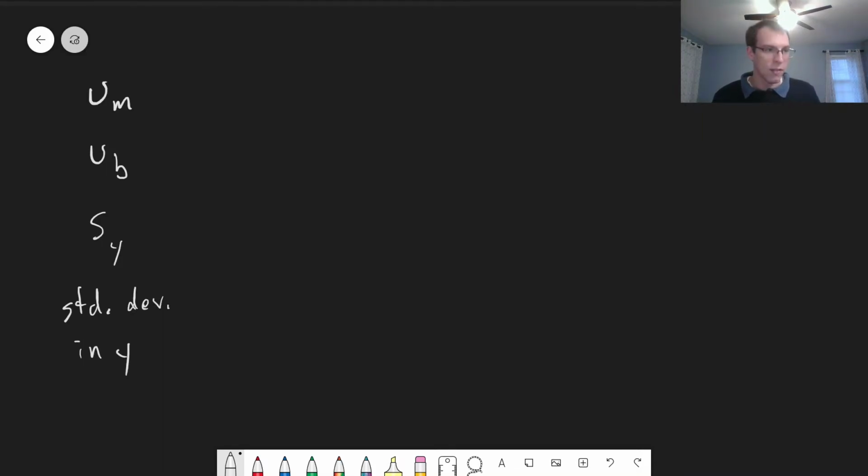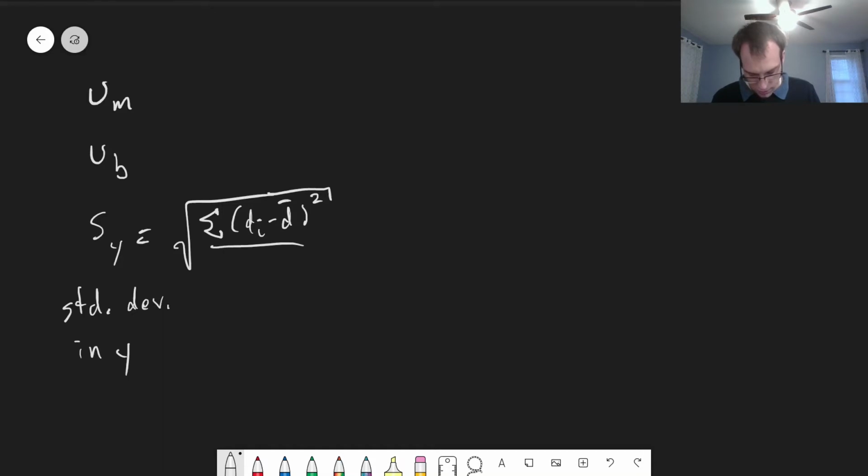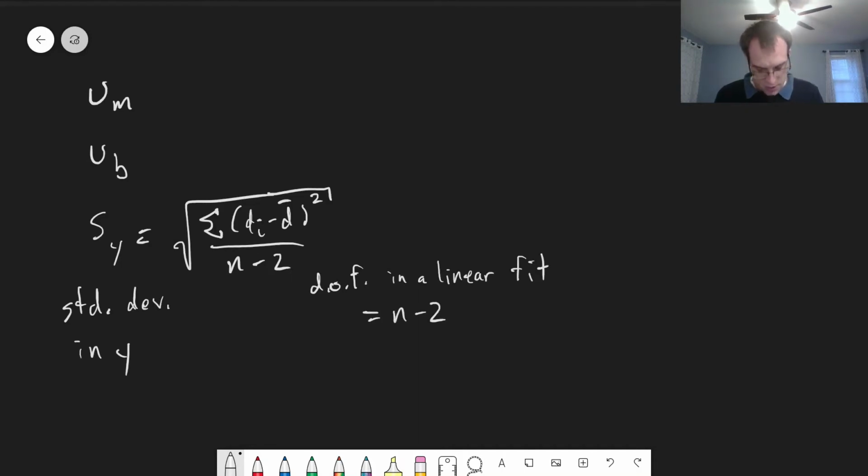So the definition of this mathematically is that we have a standard deviation where we take the sum of the differences minus the mean difference squared. So this is just a regular standard deviation formula divided by n minus 2, because the degrees of freedom in a linear fit, because we have a slope and intercept, is equal to n minus 2 instead of n minus 1.